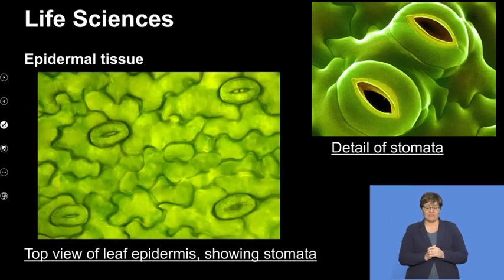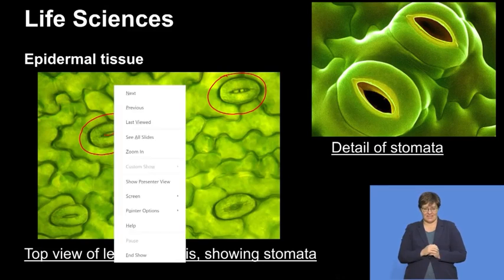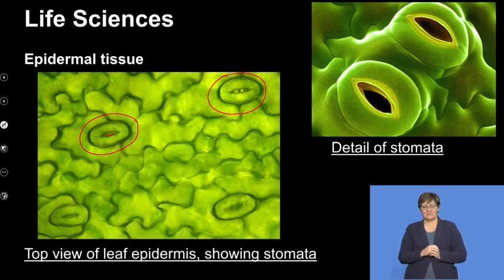This is the surface view of a leaf with some of these stomata, and you can see the opening between the two guard cells where the gas can go into and out of the leaf.